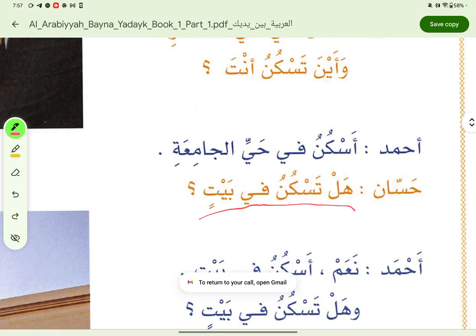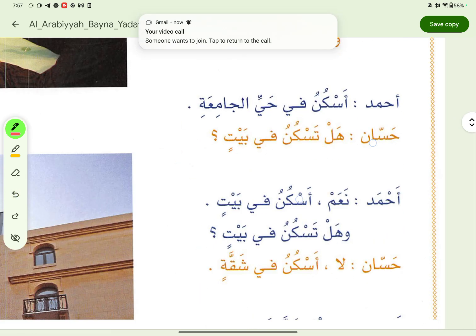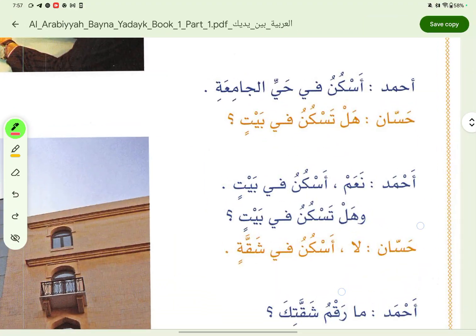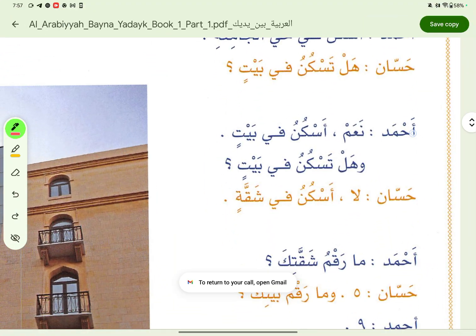Okay, so هل تسكن في بيت؟ And then we have Ahmed who says نعم أسكن في بيت. نعم, as I told you before, when we have this questioning word هل, we have to respond to that first before we get into the sentence.